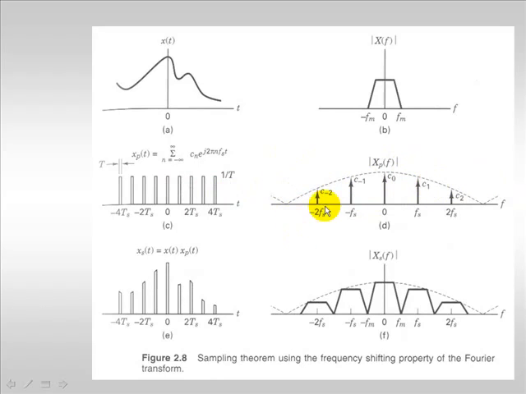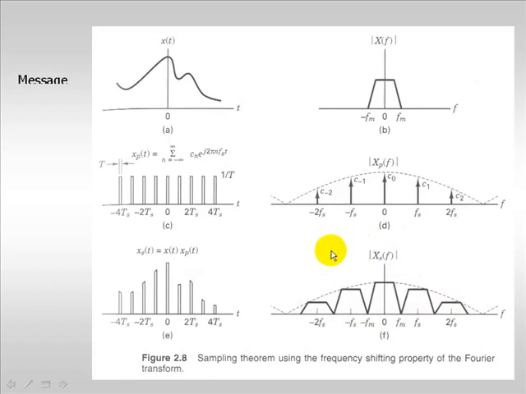So instead of these multiple spectra being of equal height, it's a convolution between the original message in the frequency domain and this set of discrete frequencies centered at Fs and n Fs as before, except the heights are different. And that's why you have multiple spectra that are not of equal height.